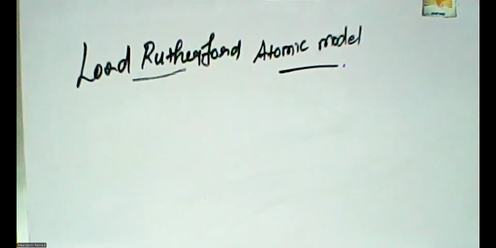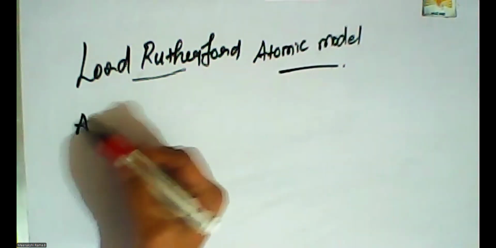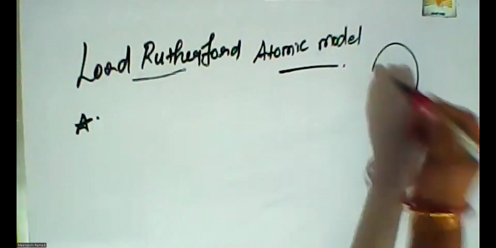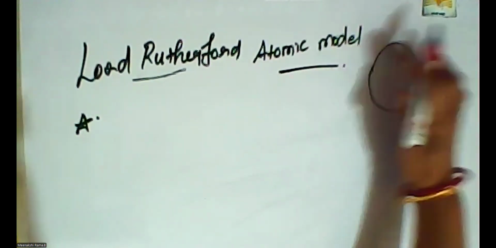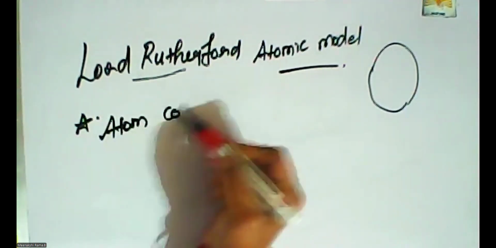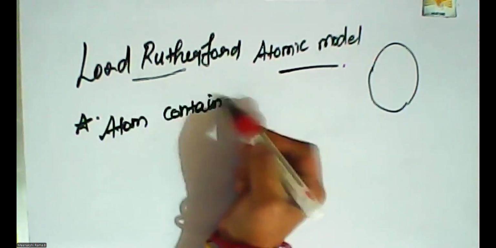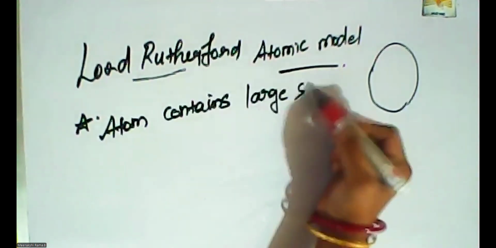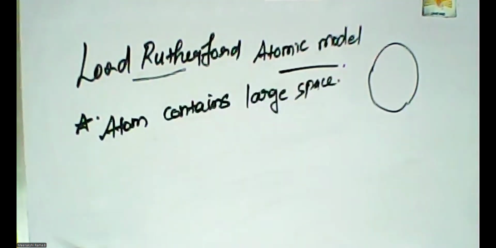So the Rutherford atomic model means, first, the atom contains large empty space. This is the first point of its atomic structure.